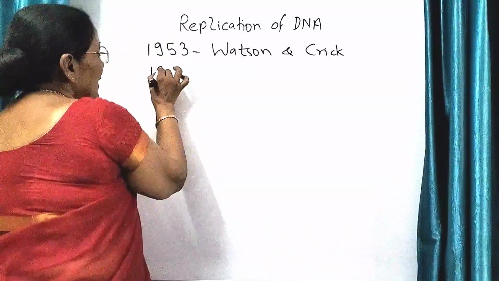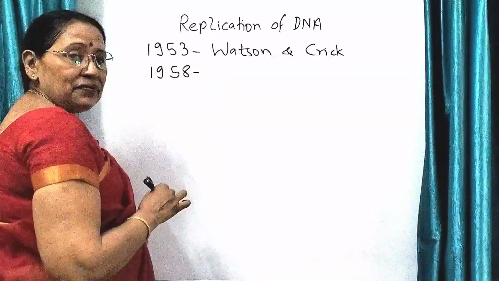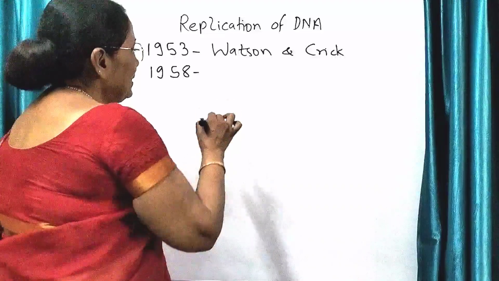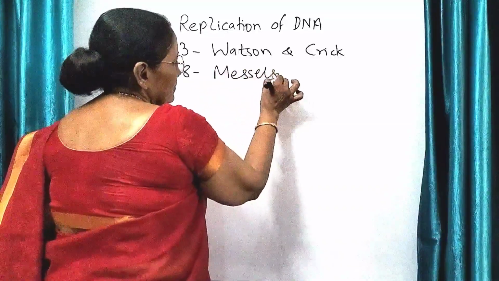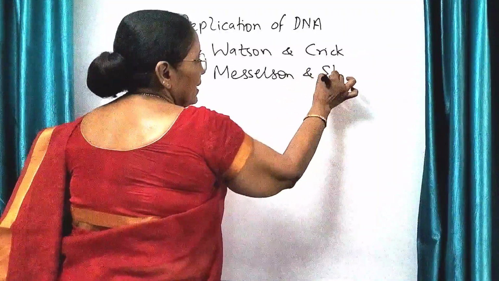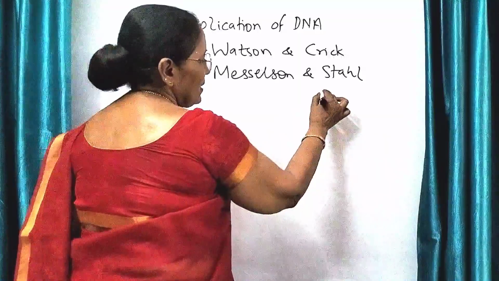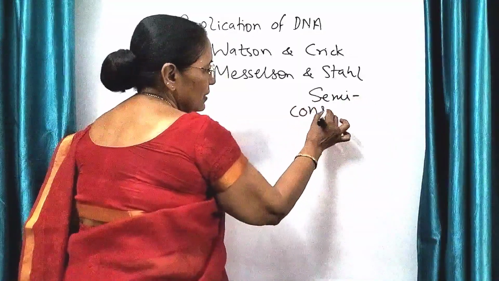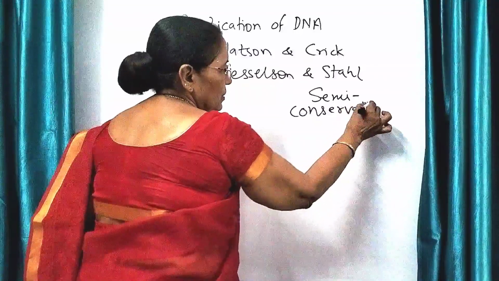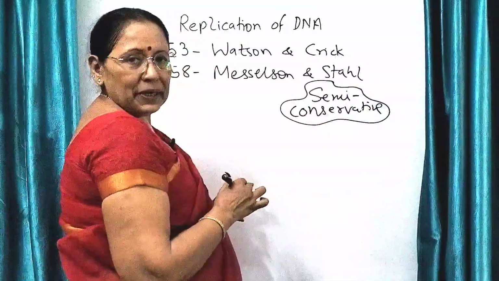But it was only after 5 years, in 1958, that Meselson and Stahl gave the proof that DNA replication is of semi-conservative type. It is the semi-conservative mode of replication. What is replication?